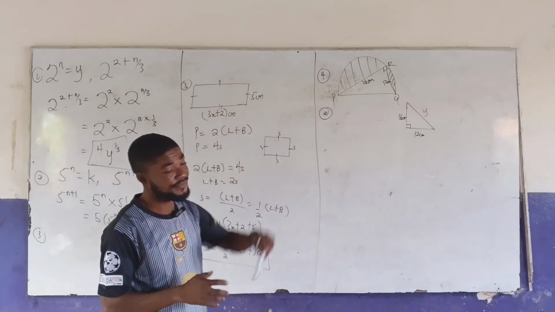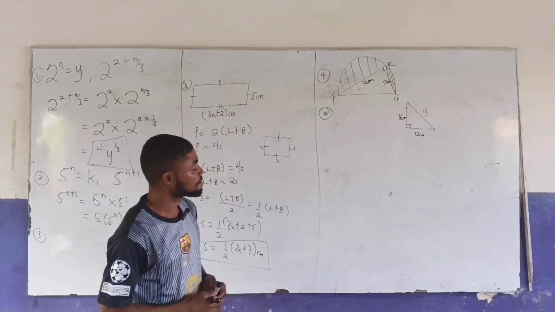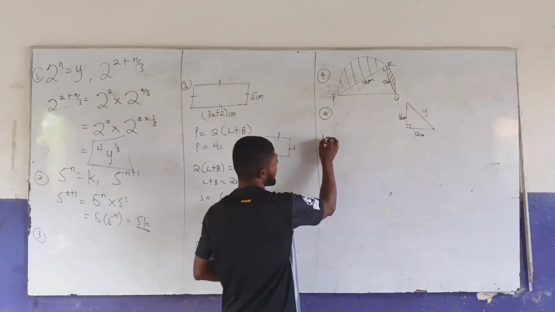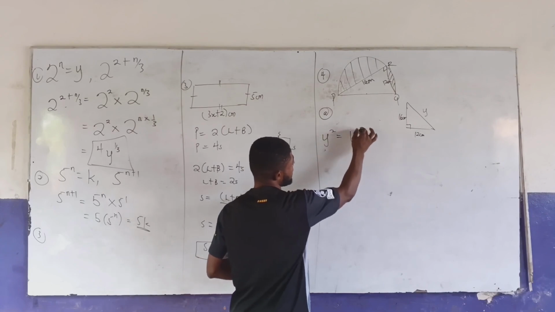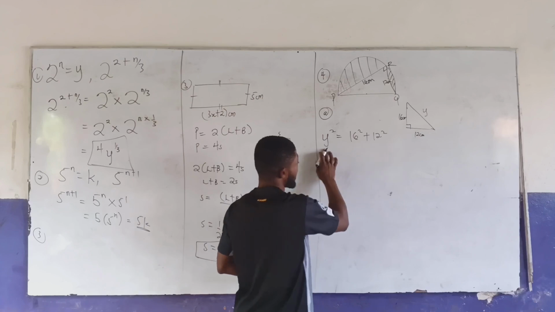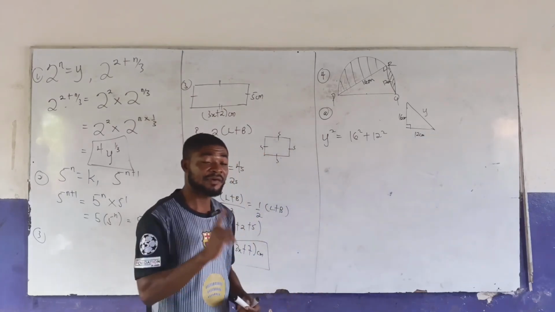Alright, so y squared is equal to 16 squared plus 12 squared. Hypotenuse, Pythagoras theorem.